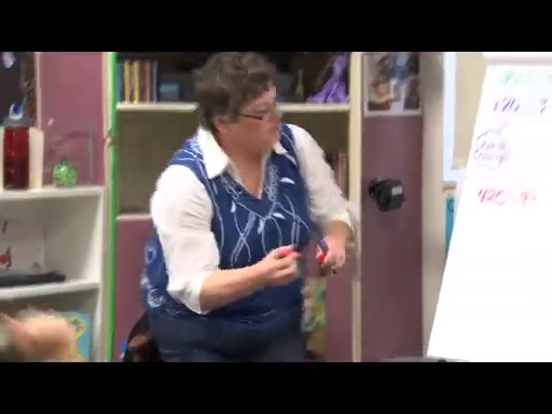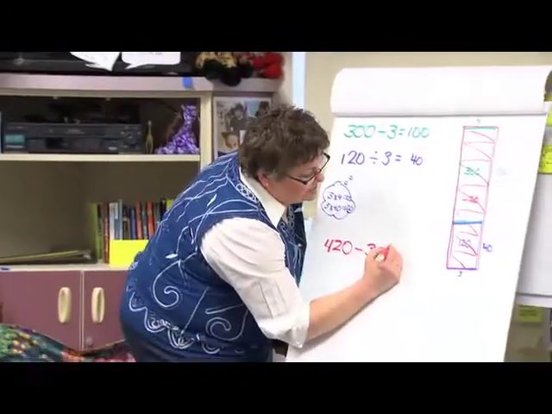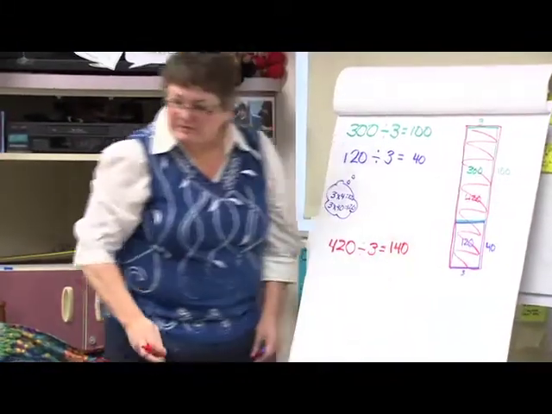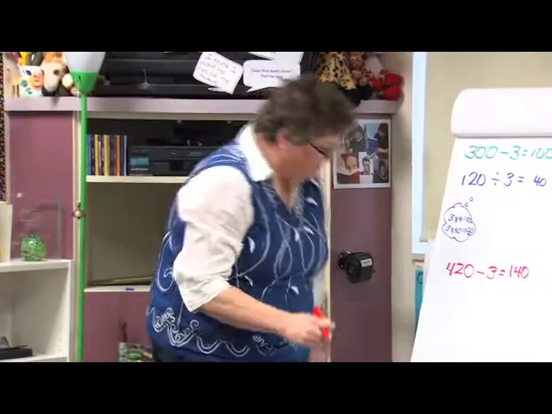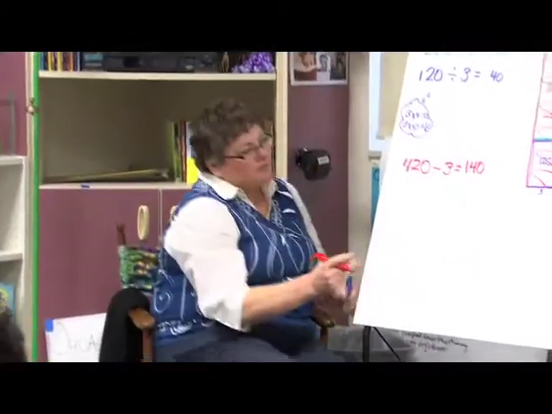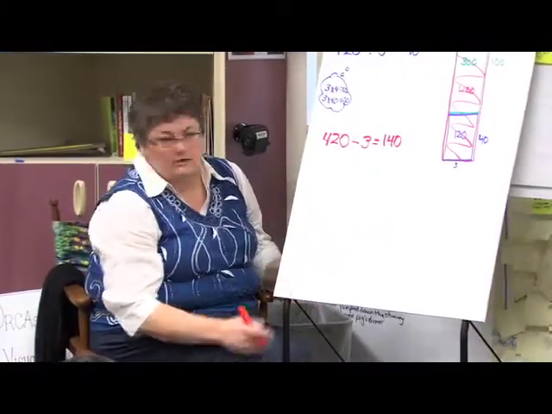Yeah. All right. So now what I'm going to do is I'm going to just show you something that we did yesterday. But I'm going to write this differently. Okay?